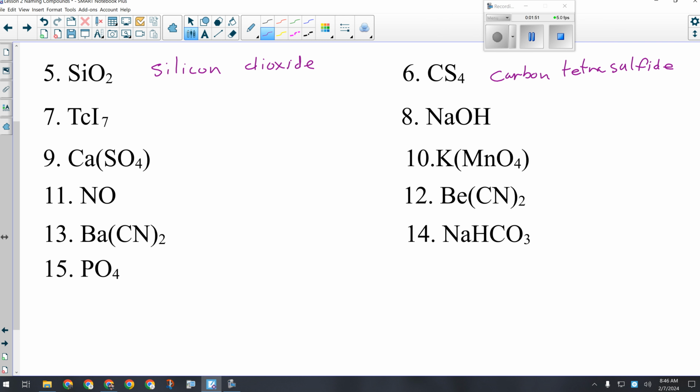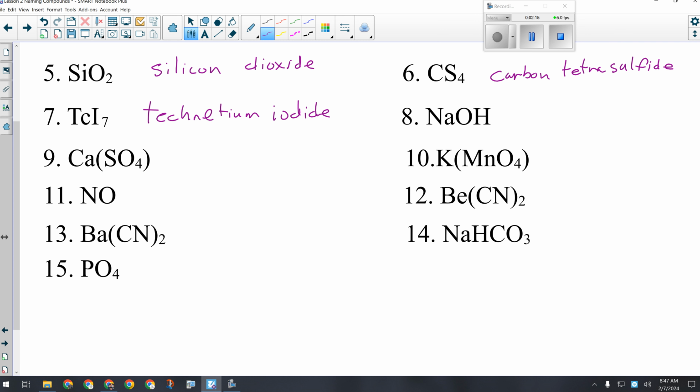So technetium iodide, and I don't need a prefix for iodine, so it's just technetium iodide. Do I need a Roman numeral for that one? No. Technetium does have a weird charge, however. It's a 7+. Very strange.